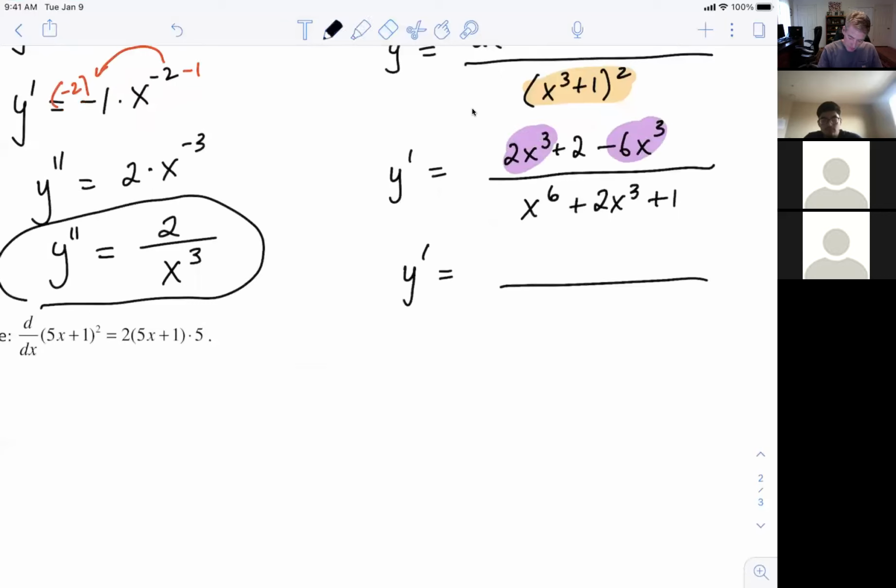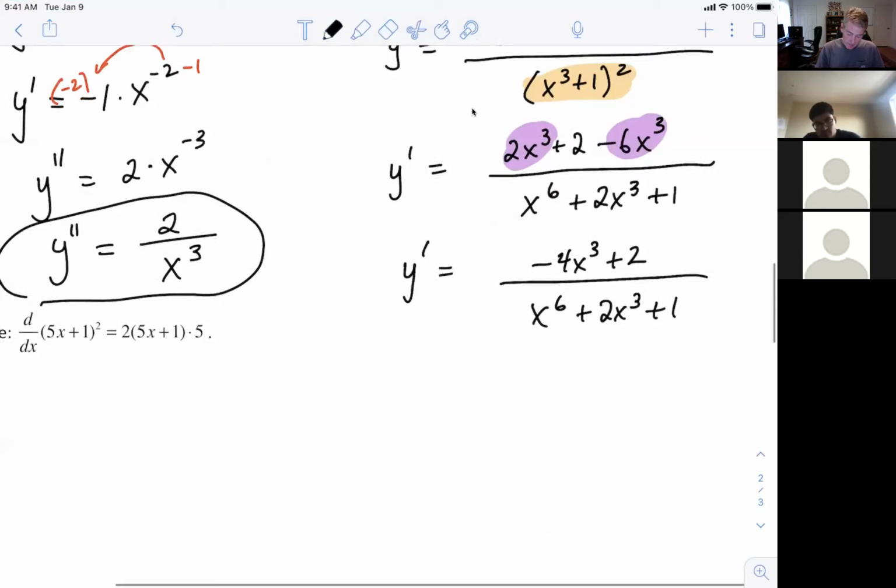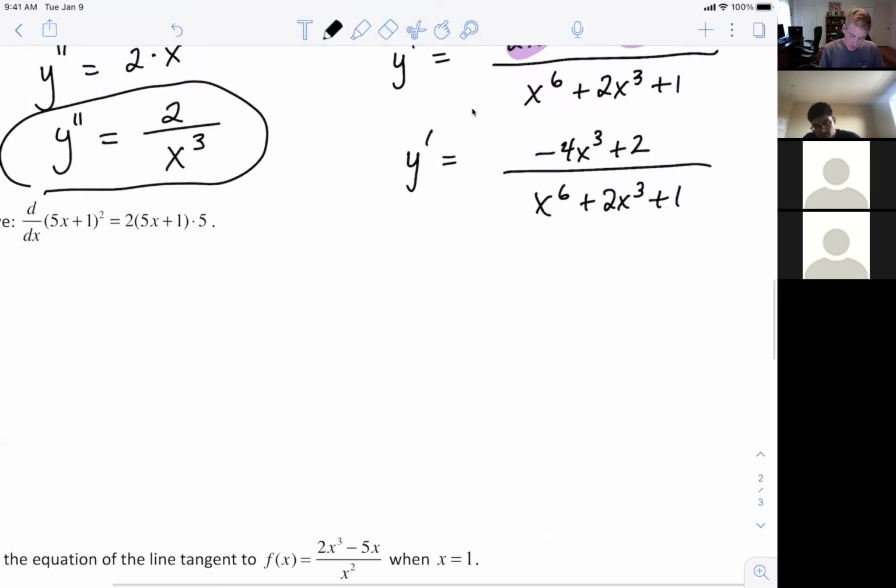So that's going to leave behind negative 4x cubed and then plus a 2. Okay, now the first derivative is done. Now it's time to find the second derivative. So use the quotient rule again.